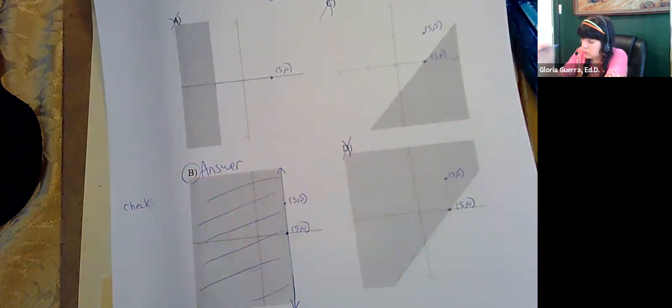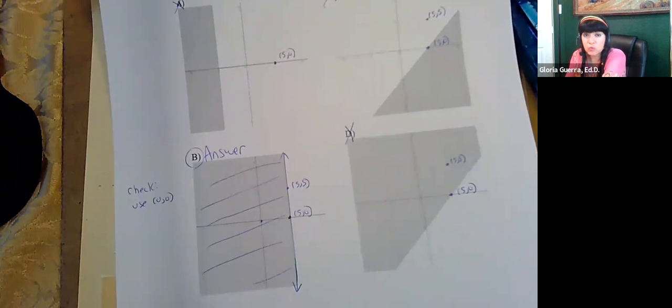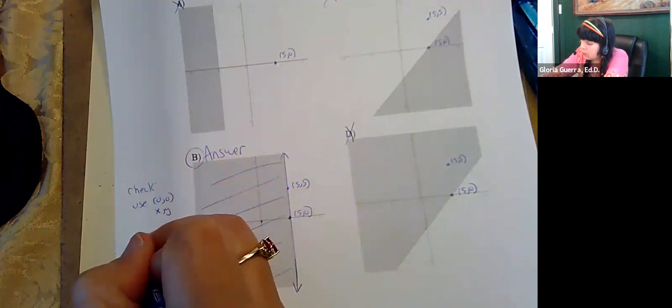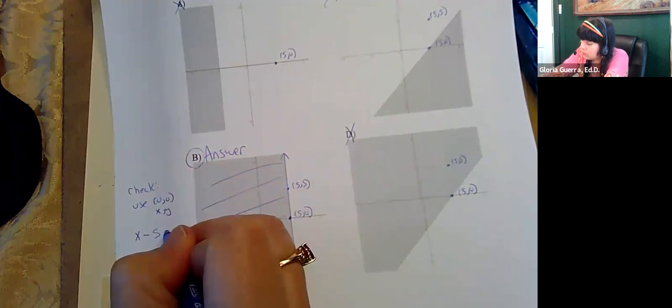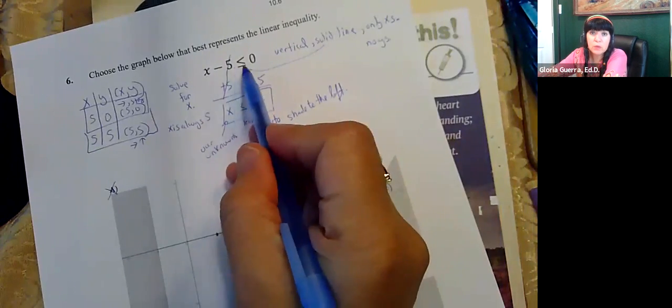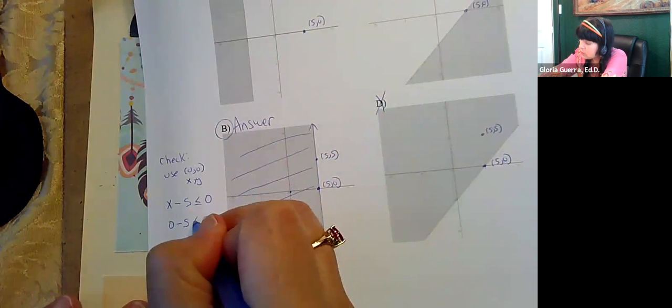And then to do a check, we should always do a check. We want to use 0, 0 because it makes the math easier, and it should give us something true. So x is 0, y is 0, and we have x minus 5 is less than or equal to 0. So you put the original inequality, x is 0, minus 5 less than or equal to 0.